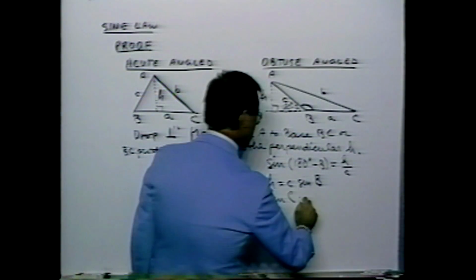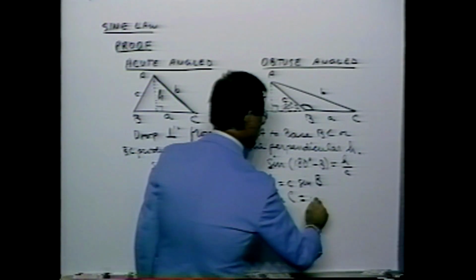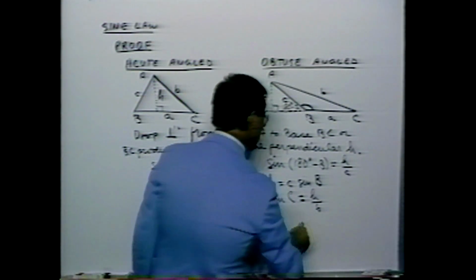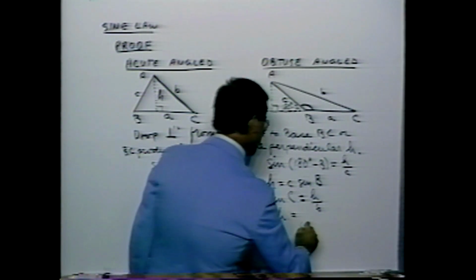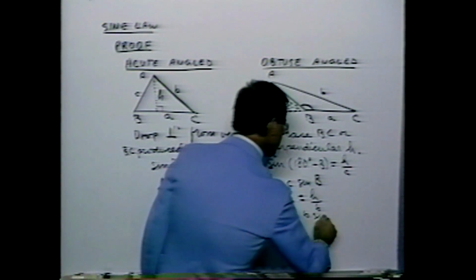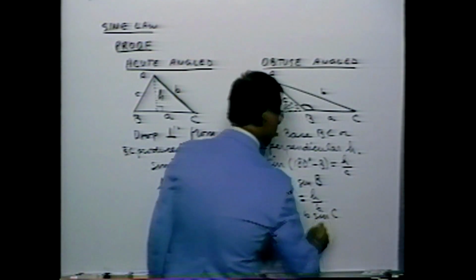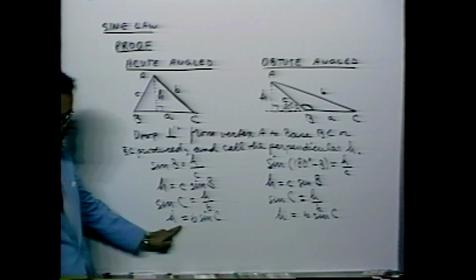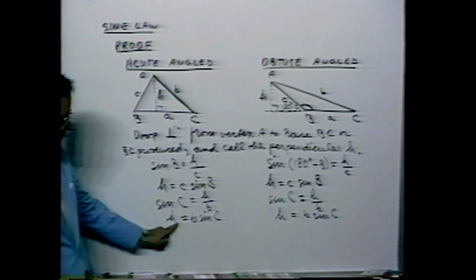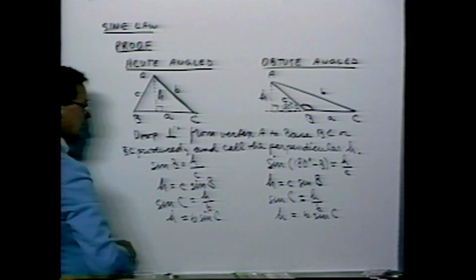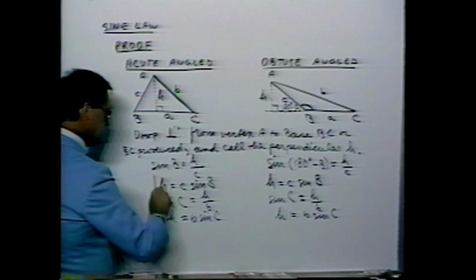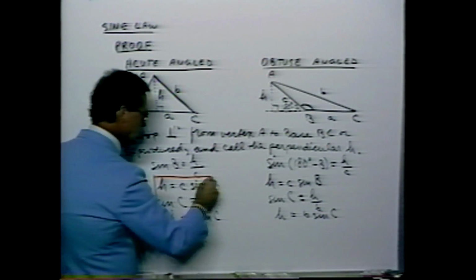Multiplying through by b, for this diagram, h is equal to b sine C. Both results here and here refer to the same height, h, of the triangle.